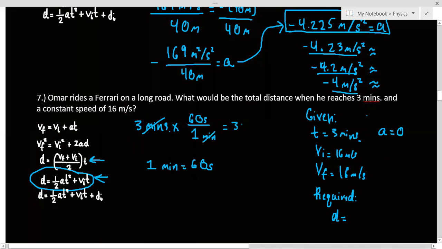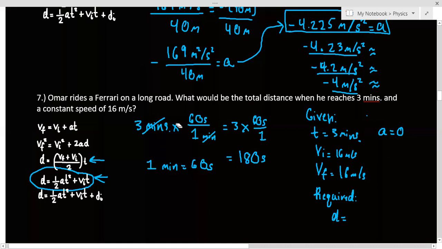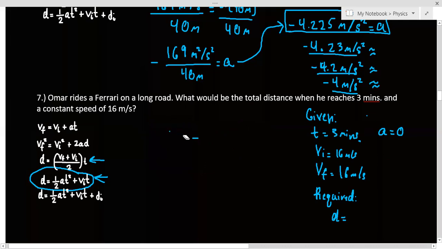We will have 3 times 60 seconds all over 1. Once we multiply them together, we have 180 seconds. Therefore, we can replace our time with 180 seconds instead of 3 minutes.